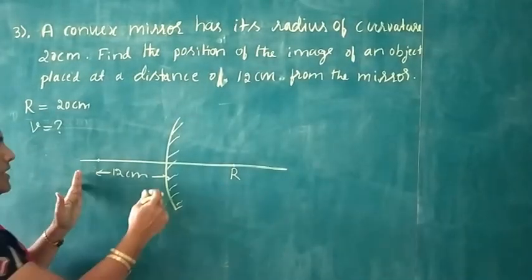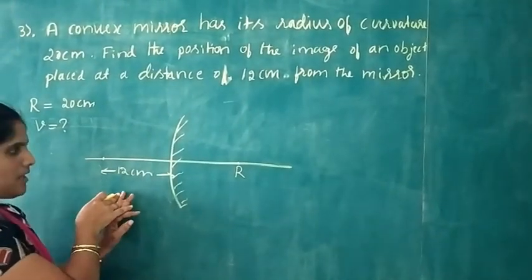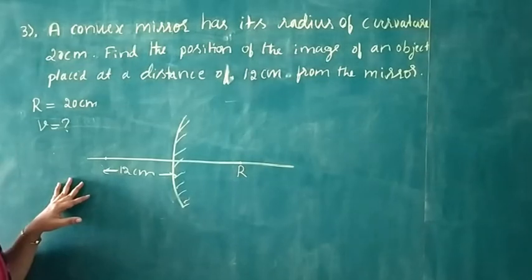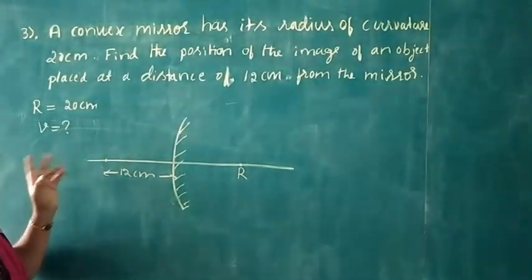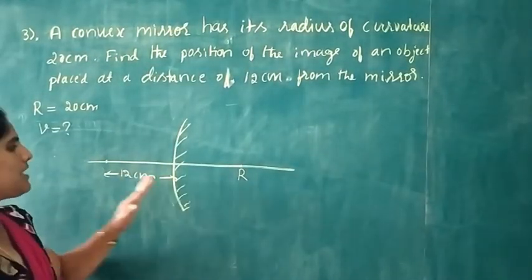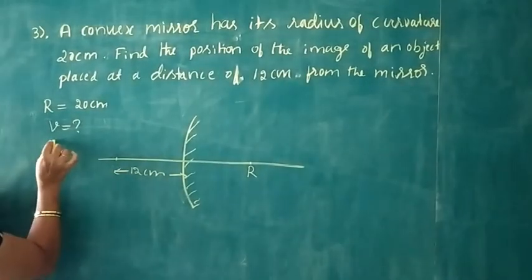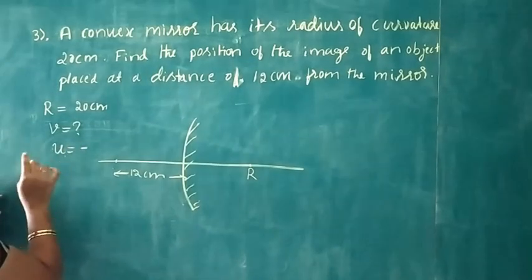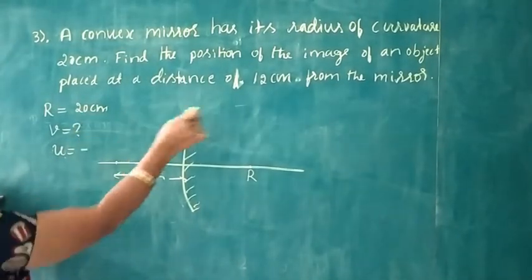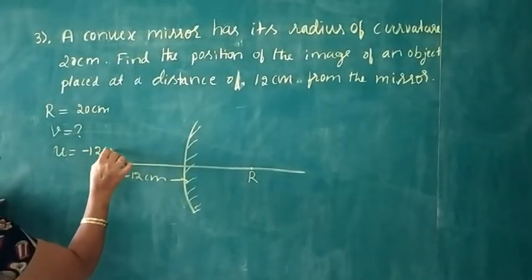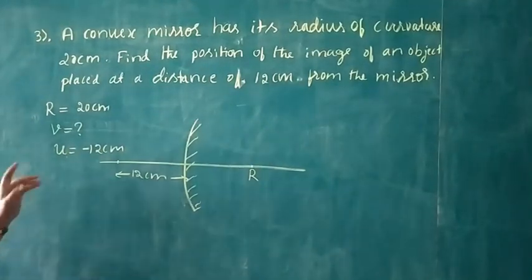Here the object distance is on the left side, so according to sign convention, u is taken as negative because the object distance is measured opposite to the direction of the incident ray. So here u is equal to minus 12 centimeter.